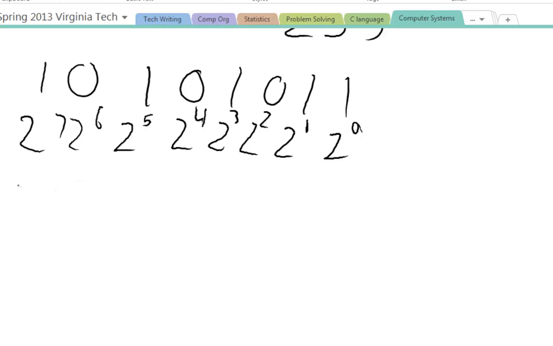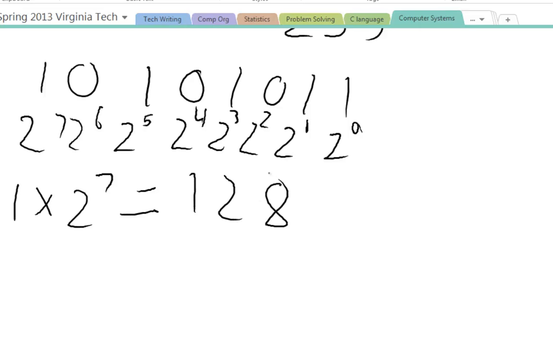So I see 1 times 2 to the 7th. Let's see, what is 2 to the 7th? I'm not sure off the top of my head. I'm going to use a calculator, and it is 128. I should know that. Computer scientists should know relative powers of 2. So it's 128.